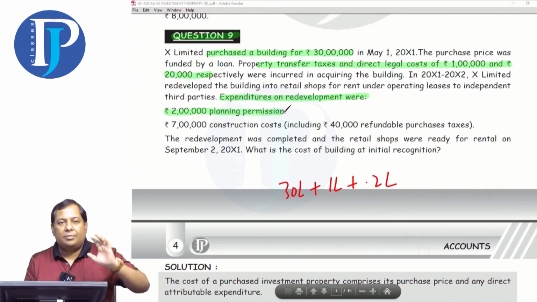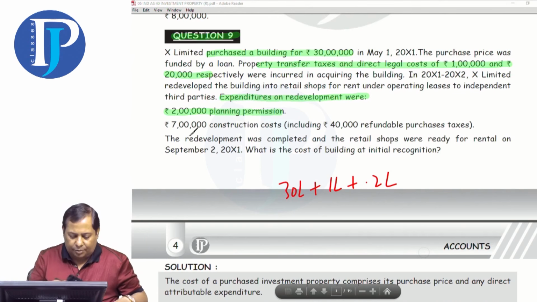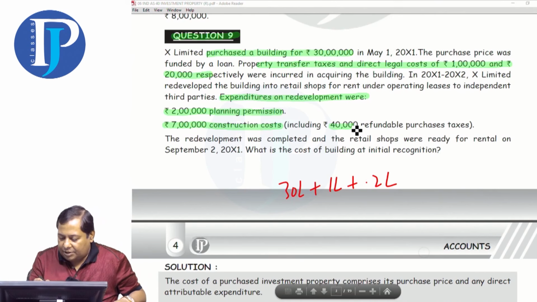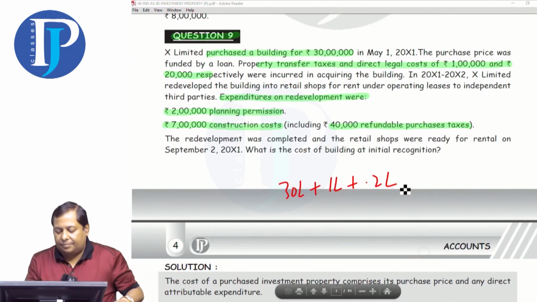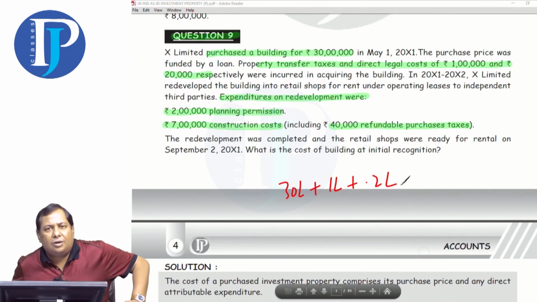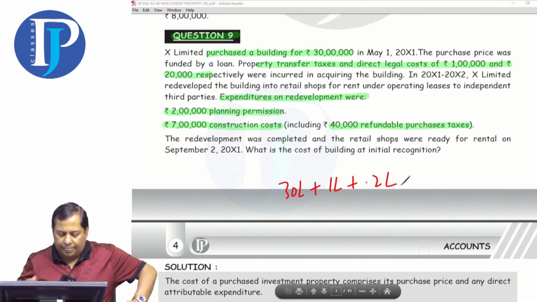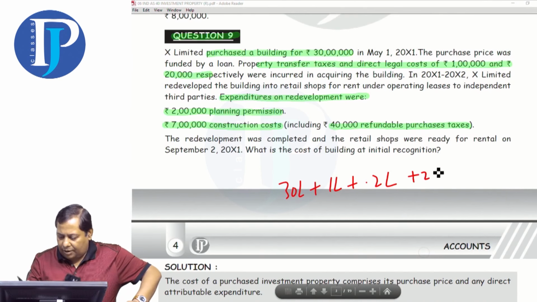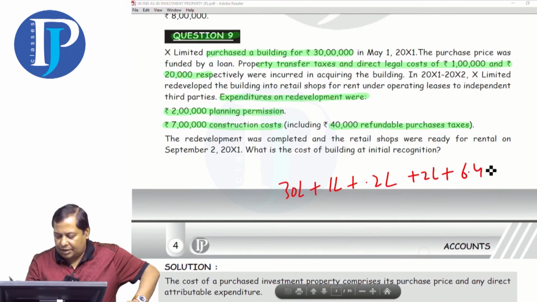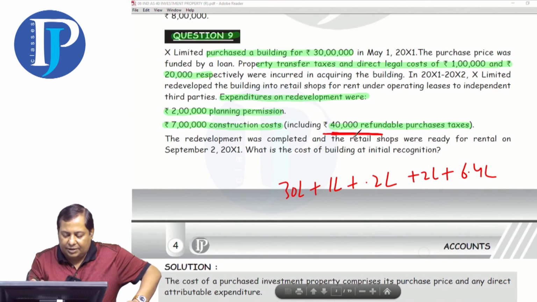We have to take permission from government. If you want to build property in Delhi, you need permission from MCD. You spend 7 lakh rupees on construction. This includes 40,000 as refundable taxes. You may have purchased some materials and there might be GST as refundable. No problem. Then another 2 lakh rupees will be added and 6 lakhs 40,000 more because we don't include refundable tax. Subtract 40,000 from 7 lakhs.